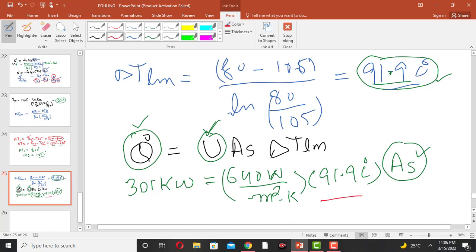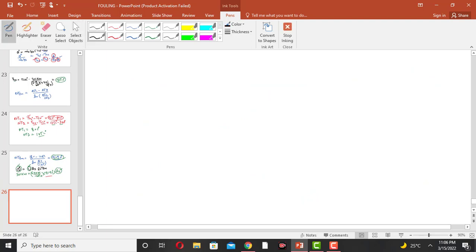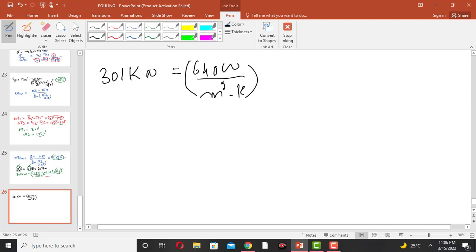So we can further simplify: 301 kilowatt is equal to 640 watt per meter square Kelvin, times 91.9 degrees centigrade, times the surface area of the heat exchanger.